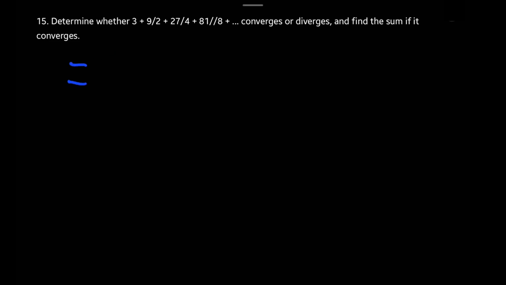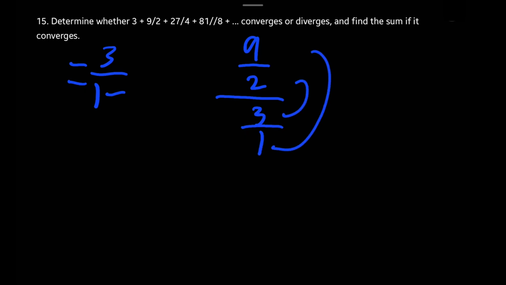Alright. So we use the formula again: a sub 1, or 3, over 1 minus r. So we take 9/2 over 3, let's just use it as a fraction, 3/1, which gives 9/6, or 3/2.